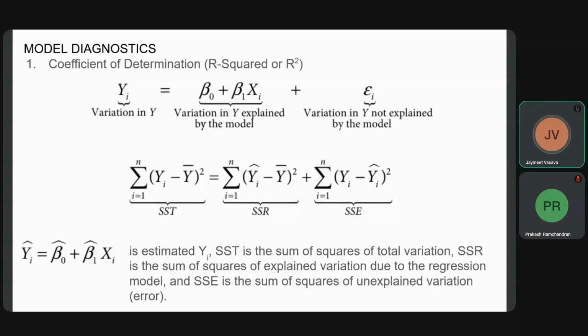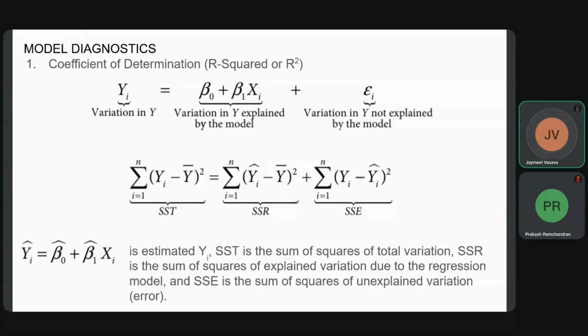So, the coefficient of determination, called R squared. This is the linear regression mathematical representation, which can be substituted with these values. So first, yi is substituted as something called SST.